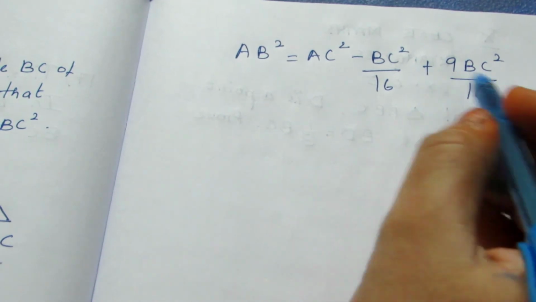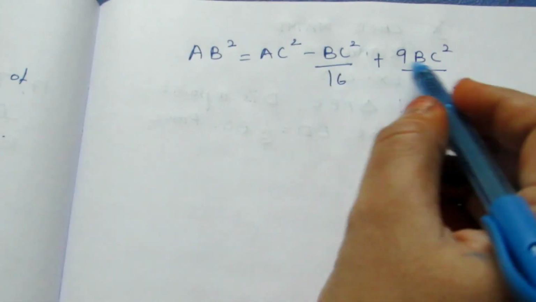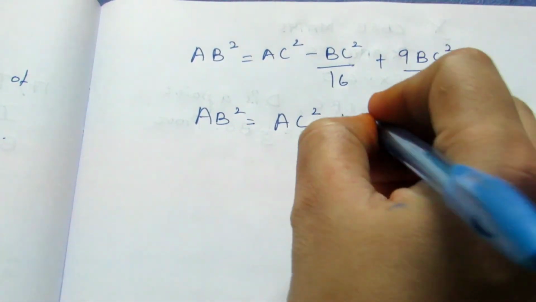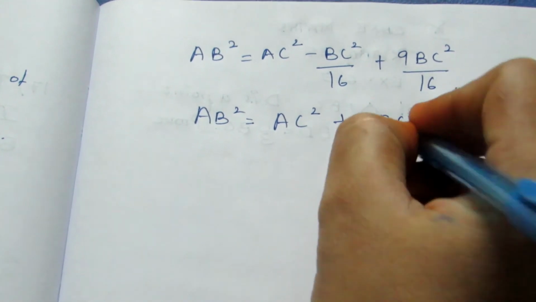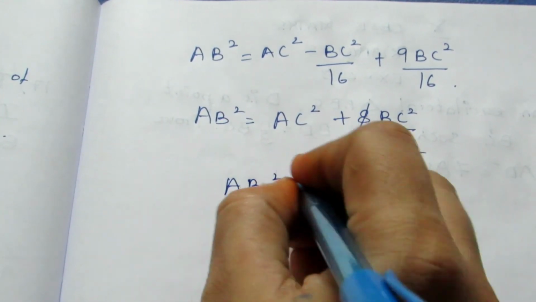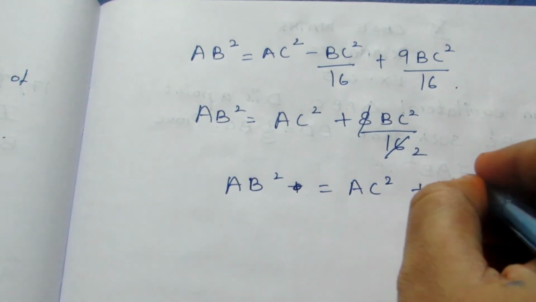Now both the denominators are same, so we can directly solve the numerator. So AB square equal to AC square plus 8 BC square by 16. This gets cancelled. Now it becomes AB square is equal to AC square plus BC square by 2.